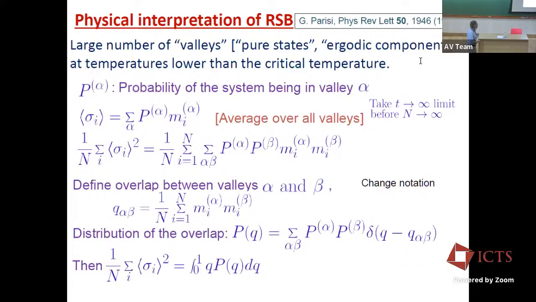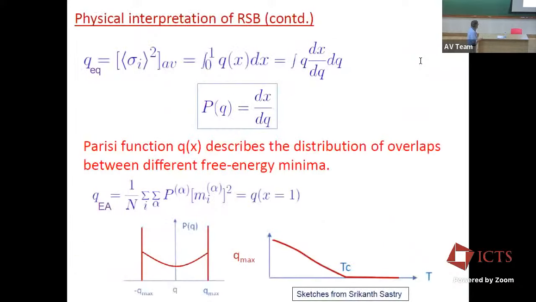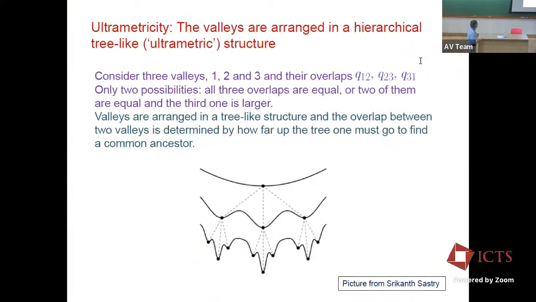So the question is, if I now look at this picture and look at 3 minima, then you have these overlaps Q12, Q23, and Q31: the overlap between 1 and 2, 2 and 3, and 3 and 1. The question is whether there is any relationship among these things. What people have found is that there is indeed a relationship, a hierarchical, tree-like structure, which is called ultrametric structure.